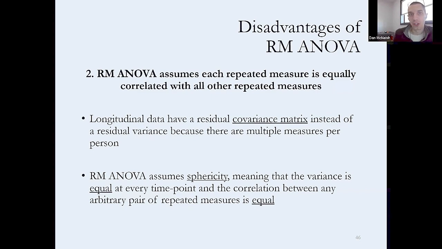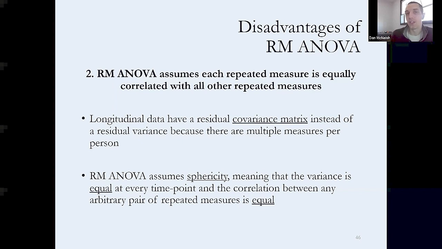Again, this stems to the traditional origin of repeated measures ANOVA when statistics were still largely done by hand. This makes the calculation easier. It makes the calculation faster. It makes it more manageable if you, God forbid, ever had to do this by hand. But it can be unrealistic with what our expectations of repeated measures data may be.